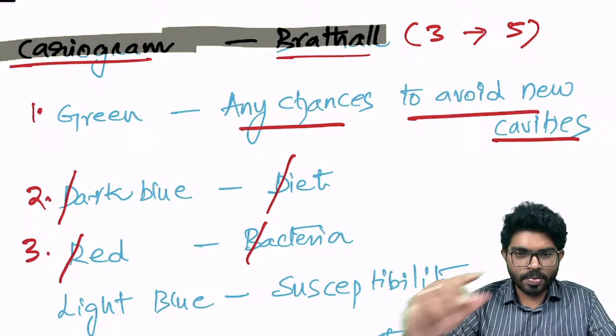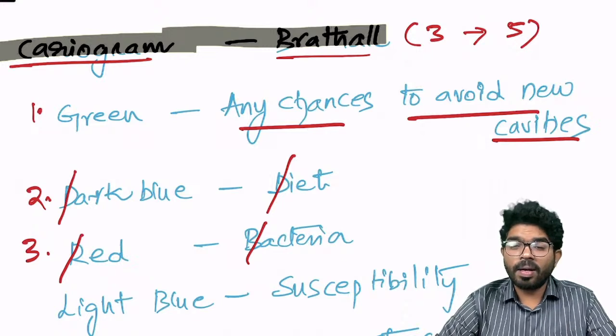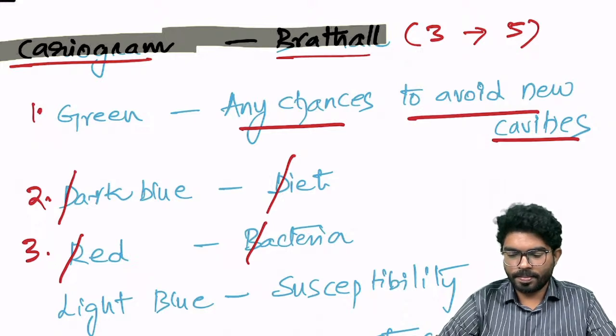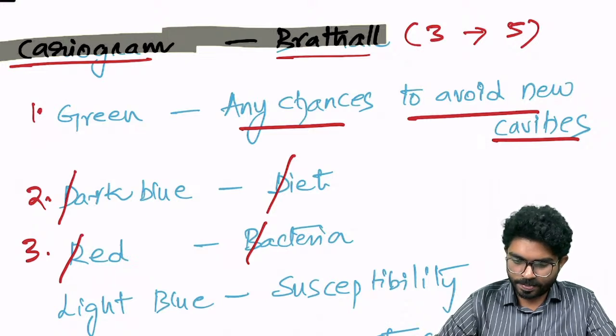Okay, sucrose, which is also called the arch criminal, and the least is xylitol. Xylitol is going to prevent the occurrence of caries.